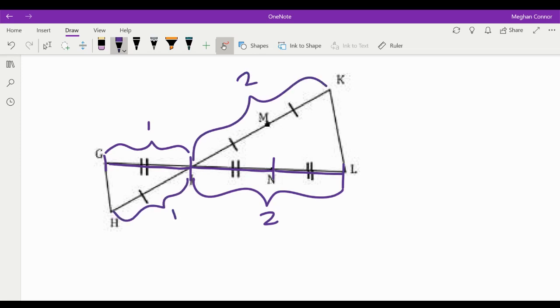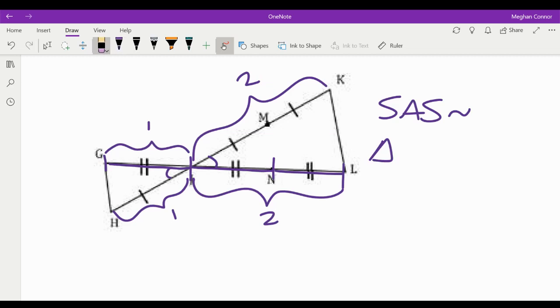No matter what that measurement is, if I set up a ratio between those 2 corresponding side lengths, they're going to be proportional. So that's 2 sides set as proportional. I don't know anything about GH and KL, but I do know that these angles right here are equal because of vertical angles. So this is going to be our side angle side similarity criterion.